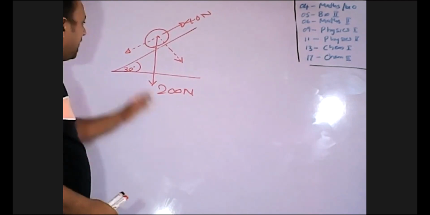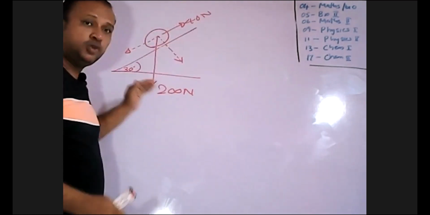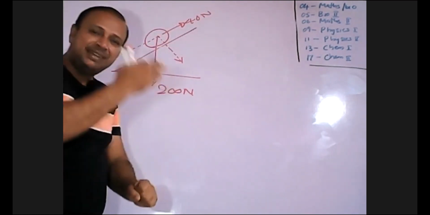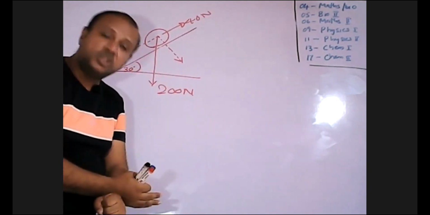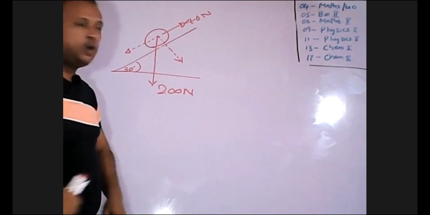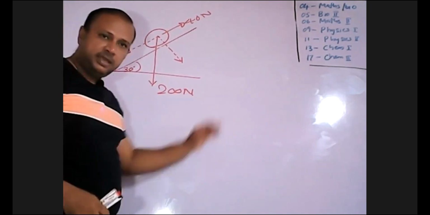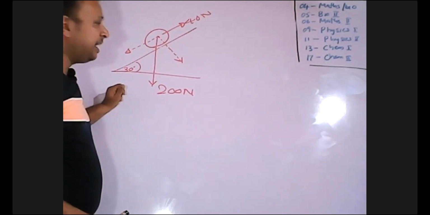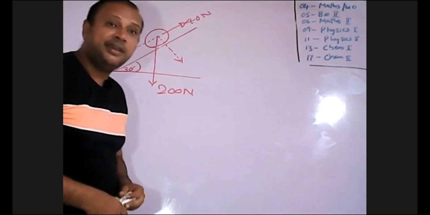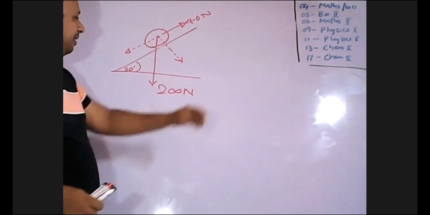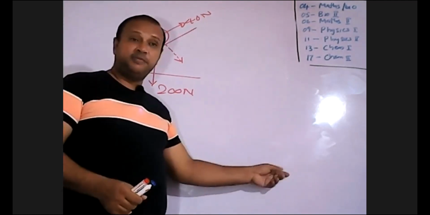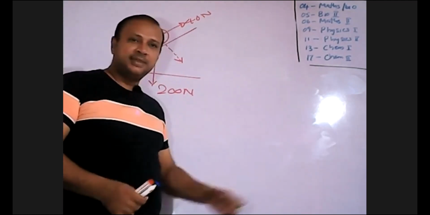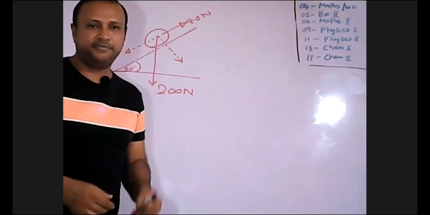Therefore, I can reduce this force system into two perpendicular components. That is the reason why I am resolving these forces. So resolving can be done in two ways. One is this method. The other one is the previously explained method. That method is also correct.